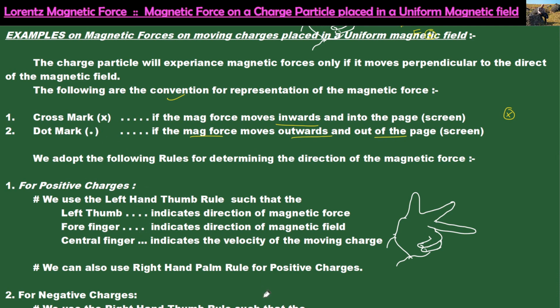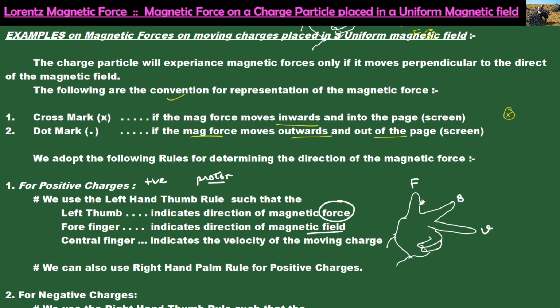And over here, we adopt certain rules for positive charges, say like protons or alpha particles. We will make use of Fleming's left hand rule, in which the thumb will indicate the force, the index finger will indicate the magnetic field B, and your central finger will indicate your velocity.